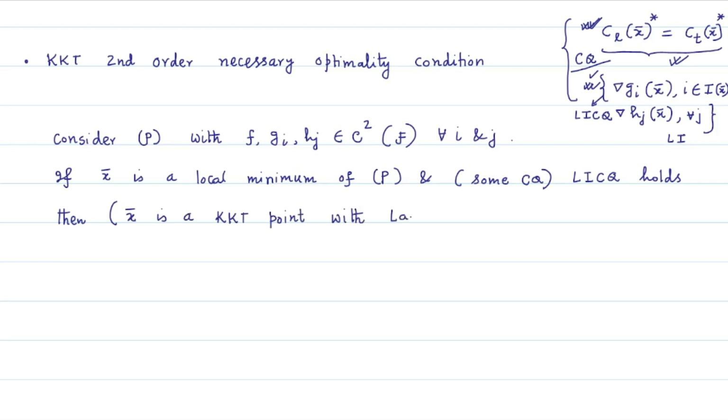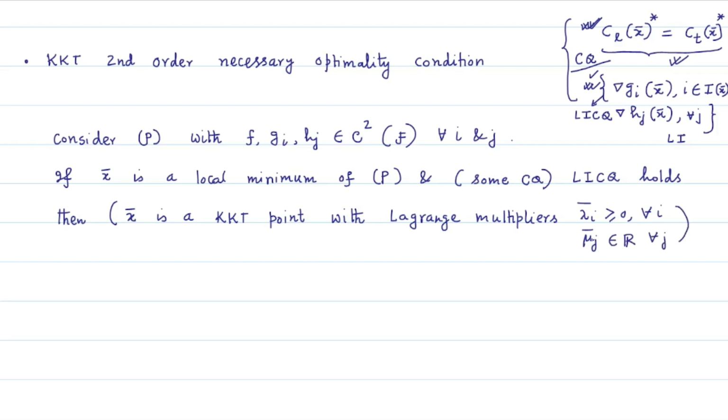for which we'll certainly have some Lagrange multipliers, say lambda i bar greater than or equal to 0 for all i, and mu j bar belonging to R for all j.